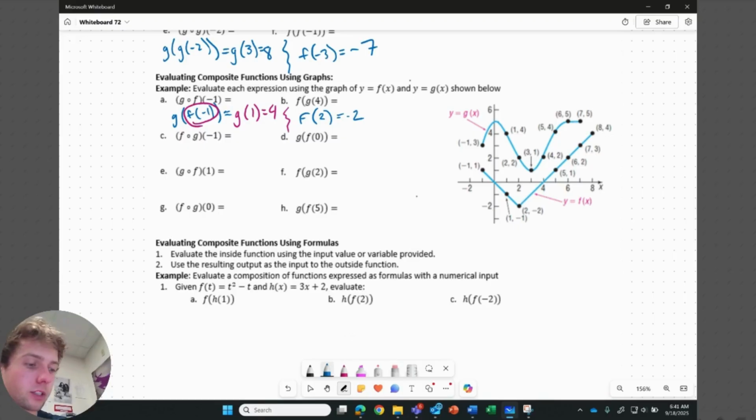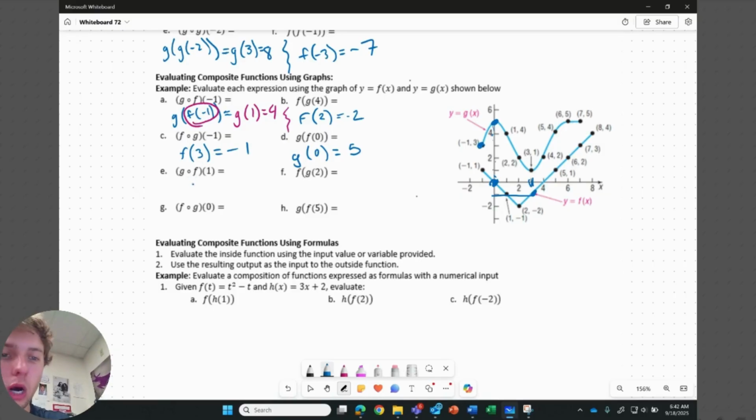So looking at my answers, here is what I get. G of -1 gives us 3. So f of 3 then is right here, which is -1. F of 0 is 0. So g of 0 then, go up, and it looks like that is 5.